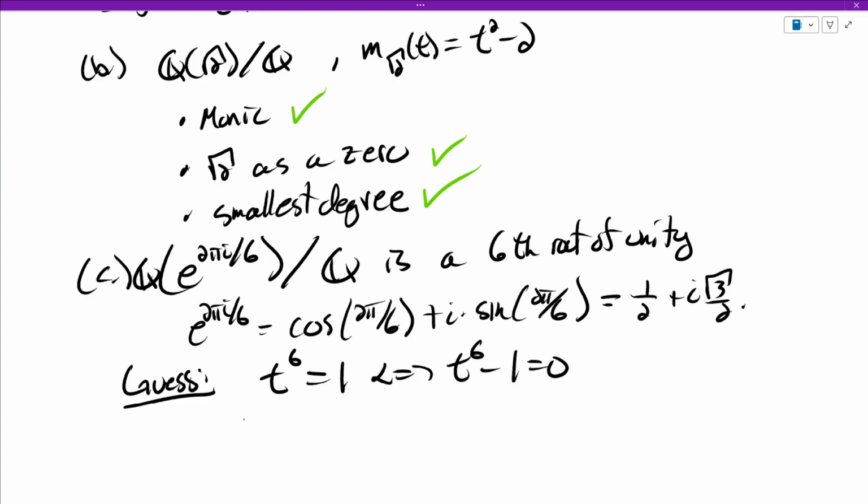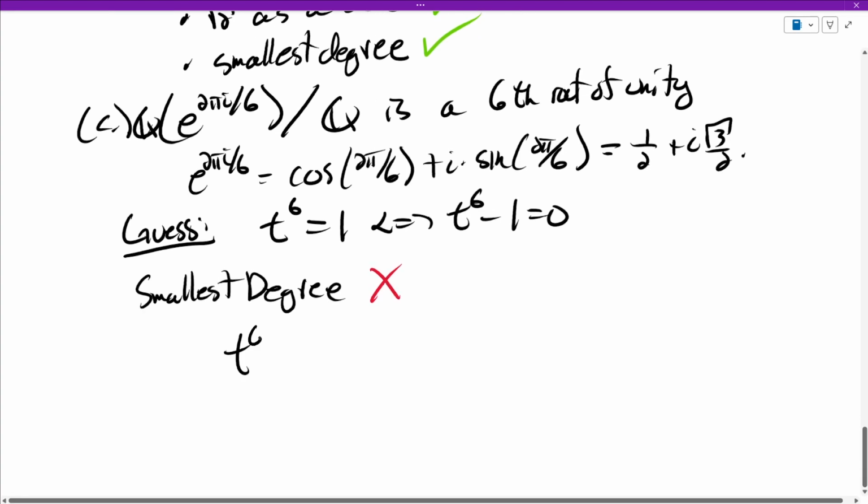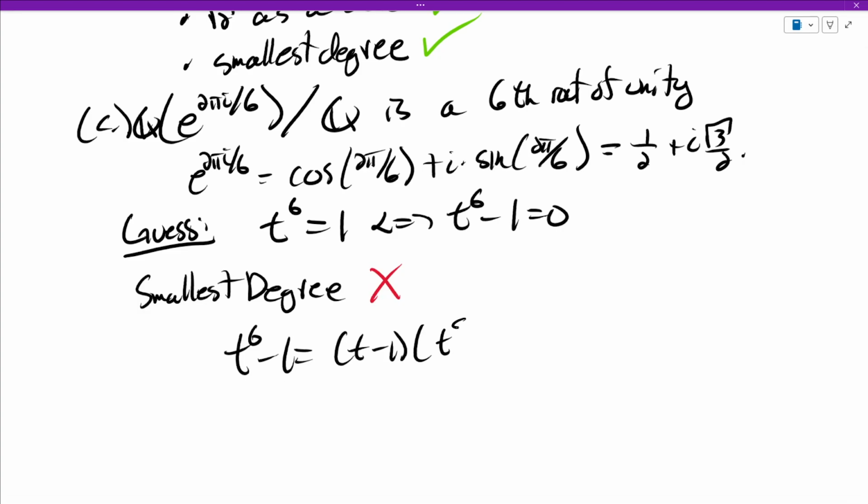In particular, we've seen that actually t to the 6 minus 1 factors. So let's go in. I'm going to put an x here because it's not true. And let's factor t to the 6 minus 1. So we can pull out a t minus 1, and we're left with t to the 5th plus t to the 4th plus t cubed plus t squared plus t plus 1.